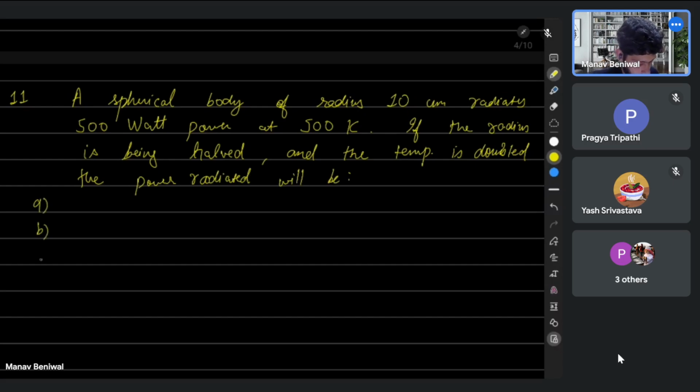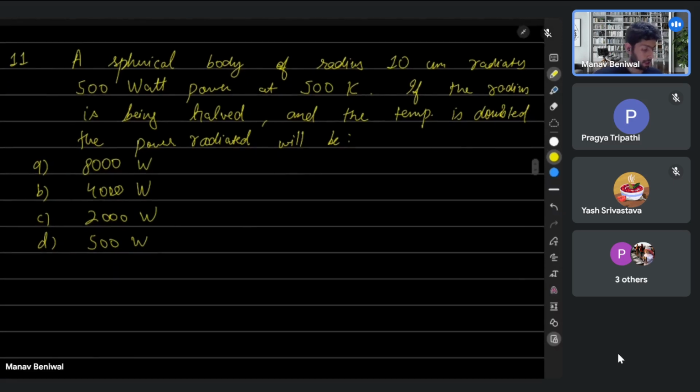So your options are these: 8000 watt, 4000 watt, 2000 watt, or 500 watt.